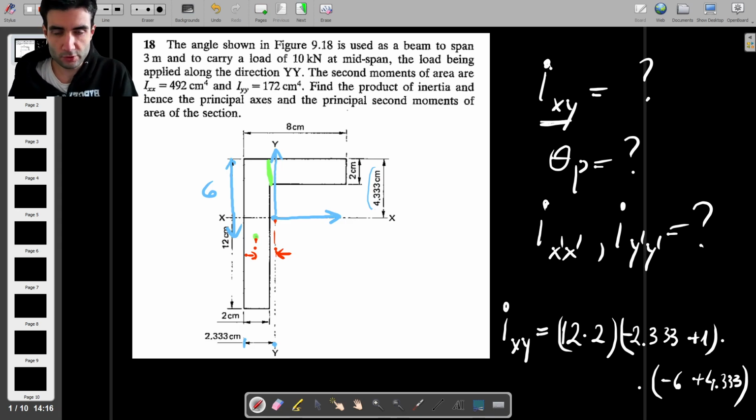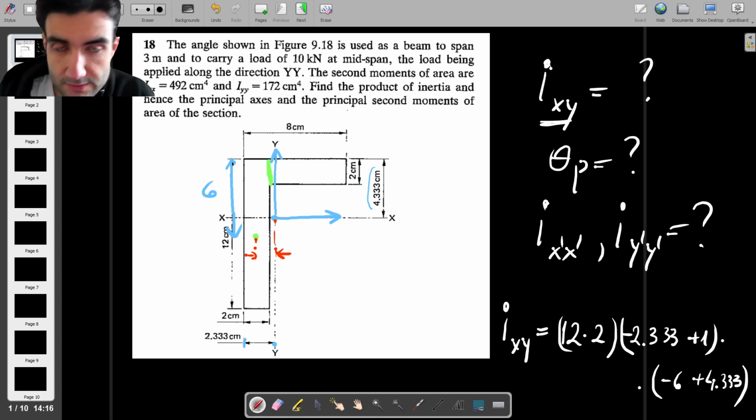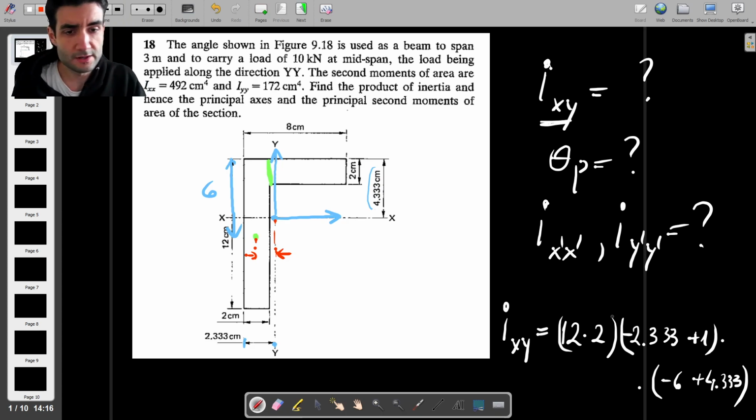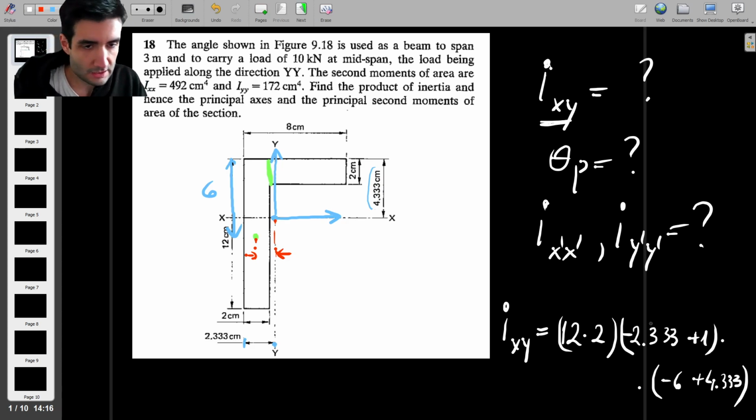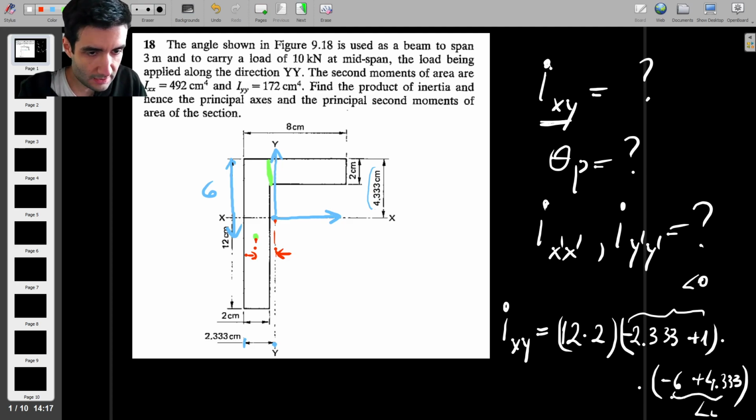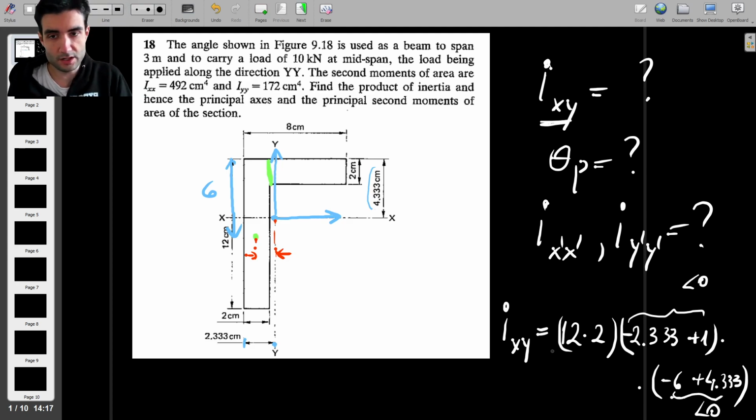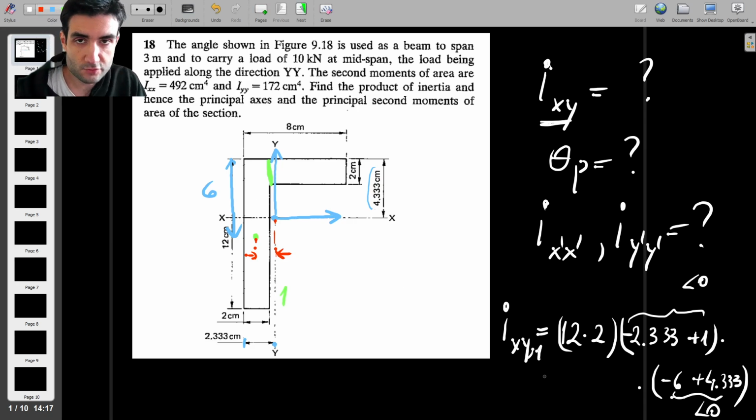This point is underneath the x-axis, so it will be negative. So we have a negative value here and a negative value here, which means that the IXY for this section, let's call it section 1, is going to have a positive value because both coordinates are negative. When you multiply them, you get something which is positive.